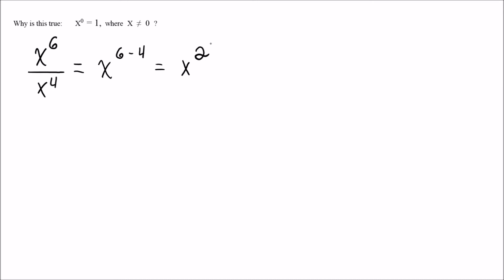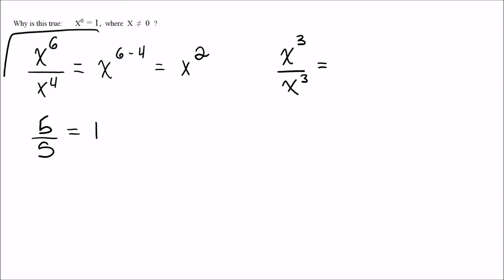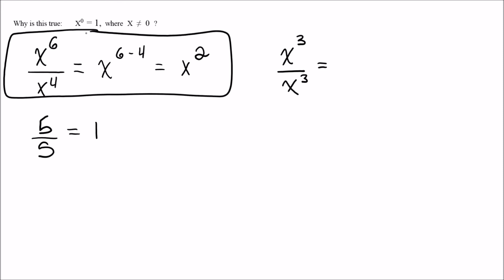You also want to know that anything divided by itself is equal to 1. So if we had like the number 5 divided by 5, that would equal 1 here. Okay. So continuing on then, what if I said x to the 3rd over x to the 3rd in this case? Well, if I use this rule here for exponents, I simply subtract the exponents and leave the base.